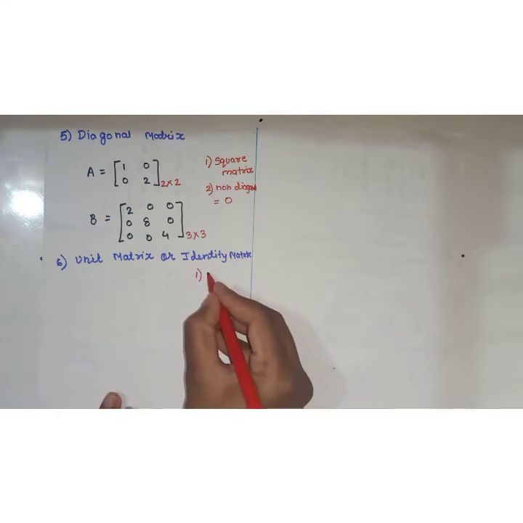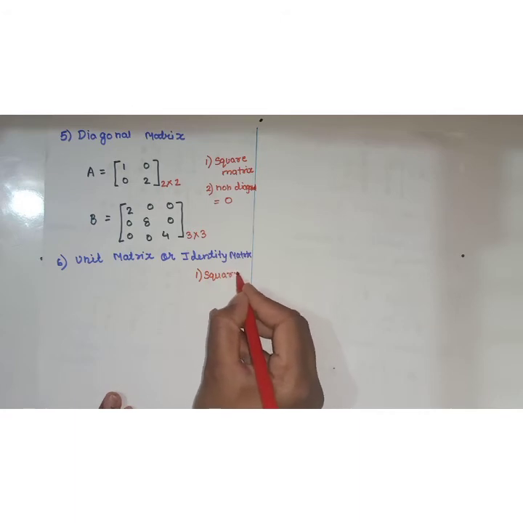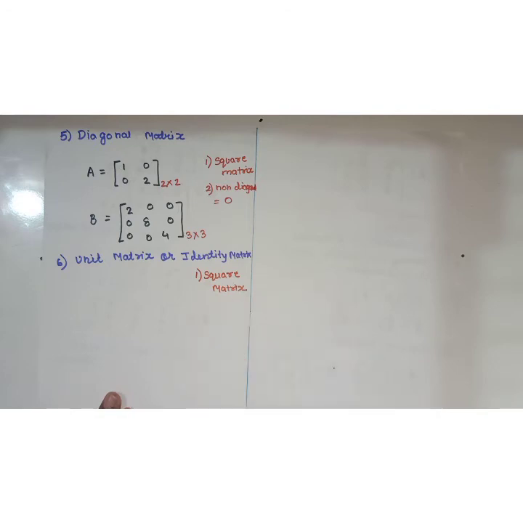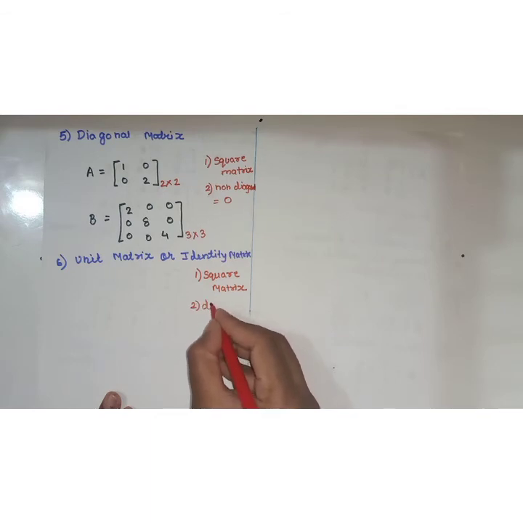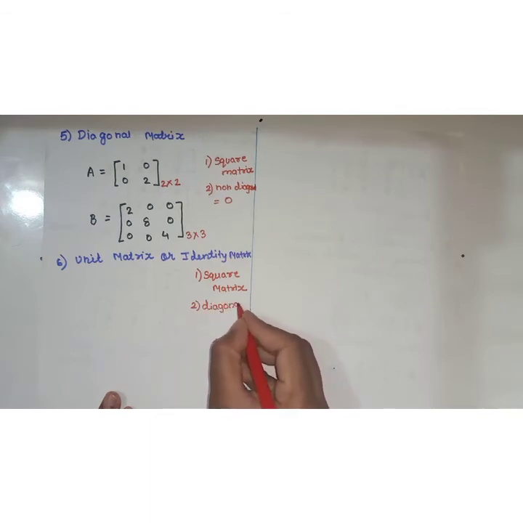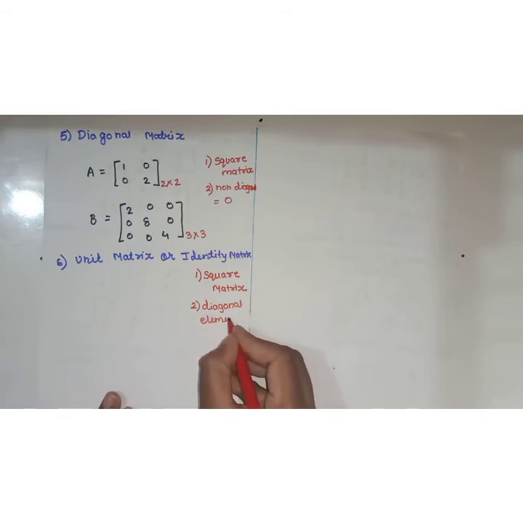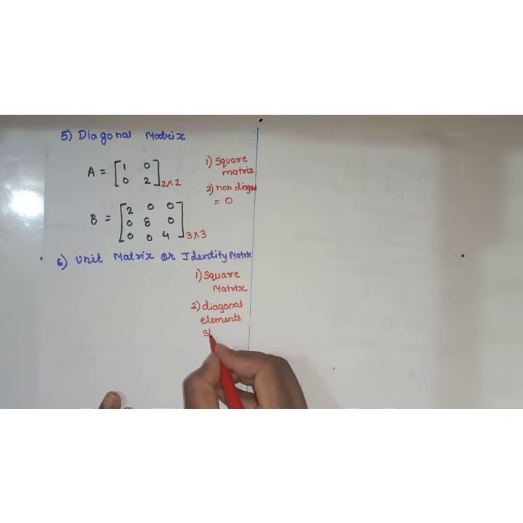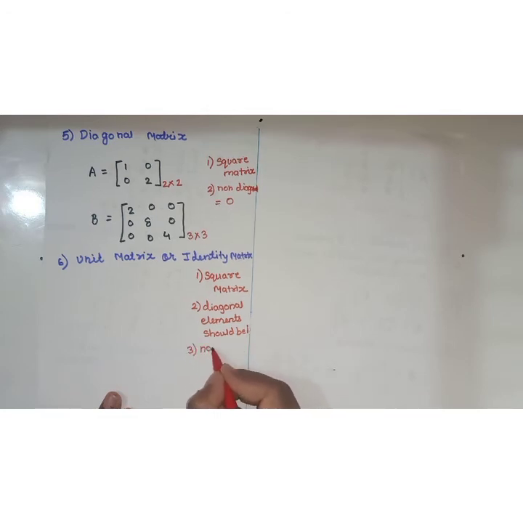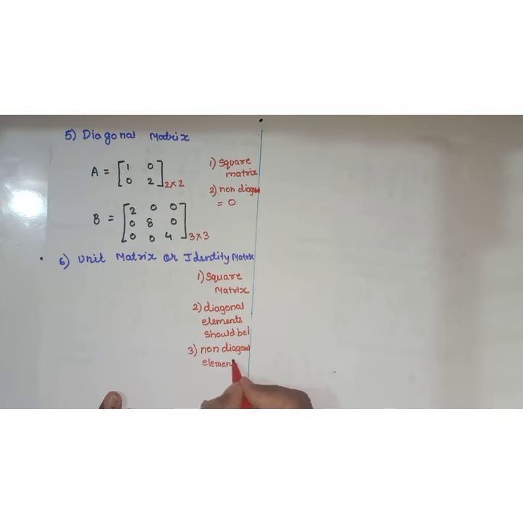Very first, it should be a square matrix. As soon as the word square matrix comes, you must know that the number of rows must be equal to the number of columns. Then the second thing is diagonal elements should be 1. And the third thing needed is non-diagonal elements must be 0.